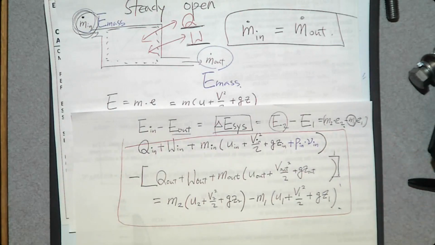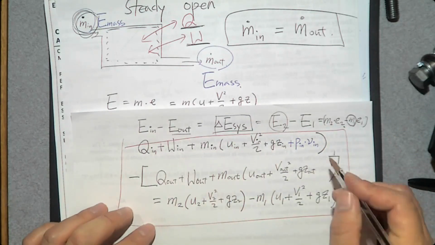What about mass leaving the system? When mass leaves at the exit, when I walk out, I'm going to pull someone standing next to me to fill the space. So pressure times that space volume is going to be the energy carried by this mass leaving the system.